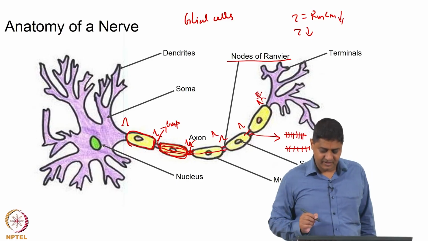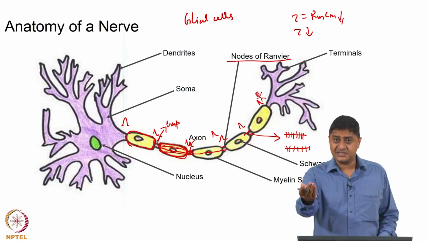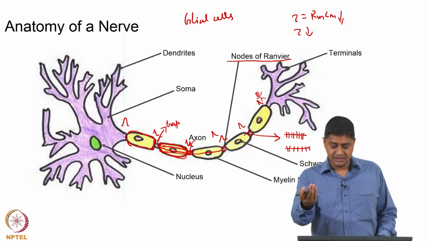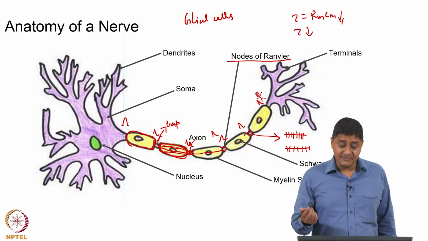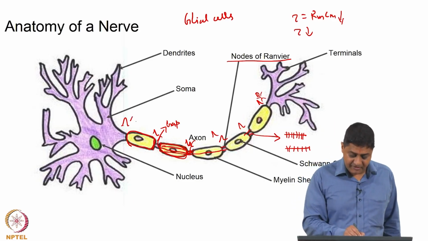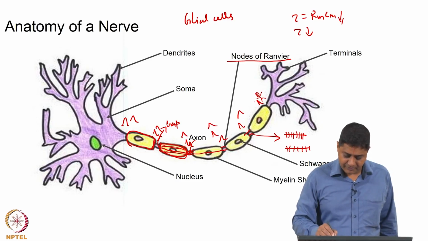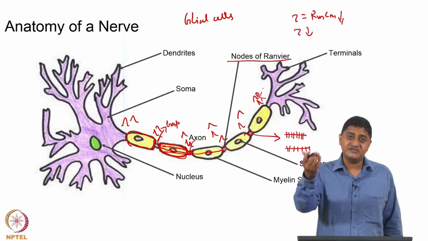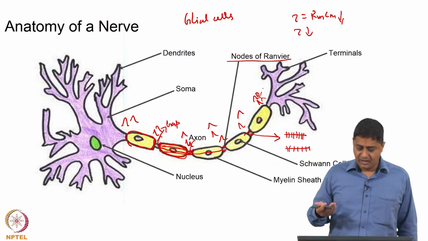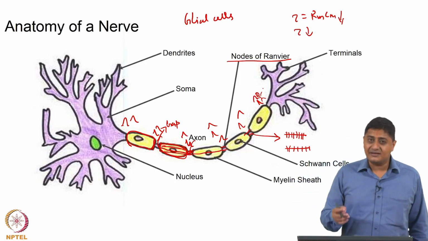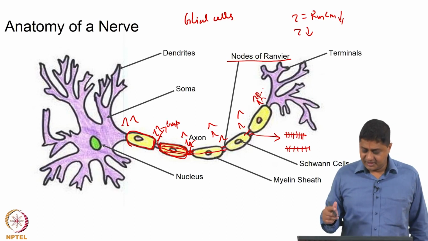For this person, a wave of action potential seems to be arriving, and it seems as if the action potential is jumping from this point to that point to that point. Actually it is not the action potential that is jumping, right.